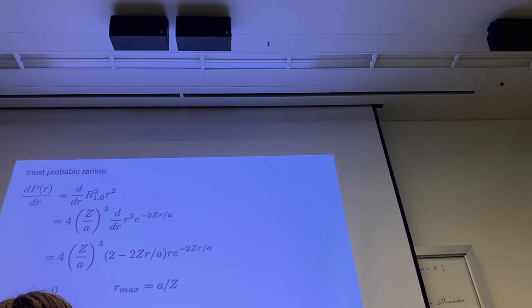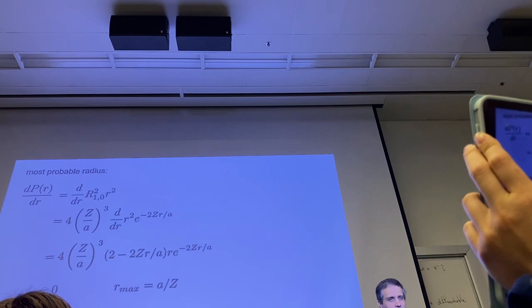It says the size of the hydrogen atom, or the most probable radius of finding the electron away from the nucleus, which is the definition of the size of an atom, is 0.529 angstrom, or 53 picometers. Okay? 53 picometers is the size of a hydrogen atom.